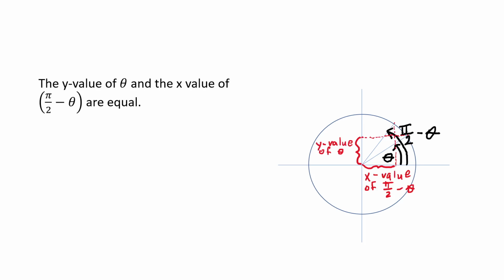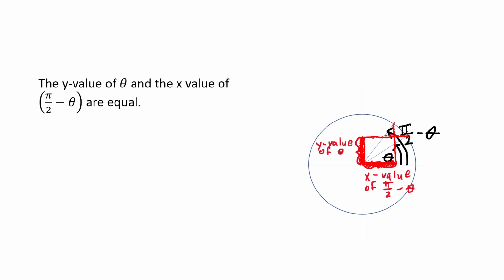Now, if we sketch across from the top of the terminal arm for theta, and we establish the y value of that, we'll get the length of that vertical side. And if we look at the terminal arm for pi over 2 minus theta, and then determine the x-coordinate of that, we'll get the length of this horizontal line.